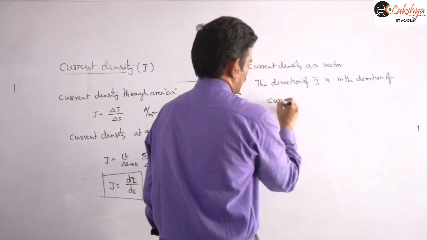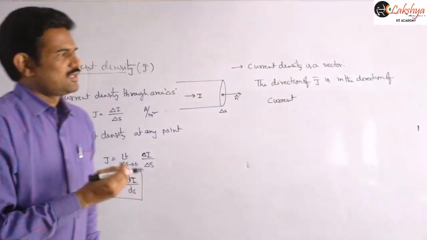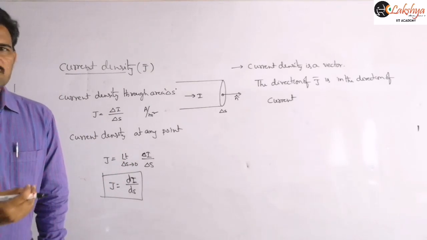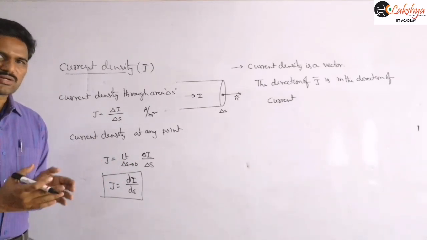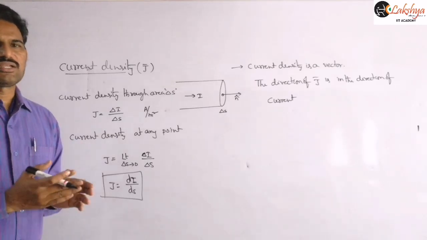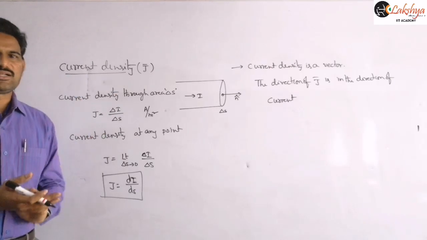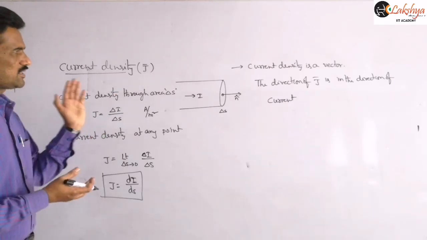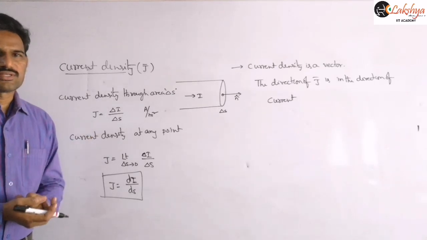So in the same direction we consider the J vector. That means I is a scalar quantity, current itself is a scalar quantity. To define it in vector form, we are taking this current density. So current per unit area is nothing but what we call current density.